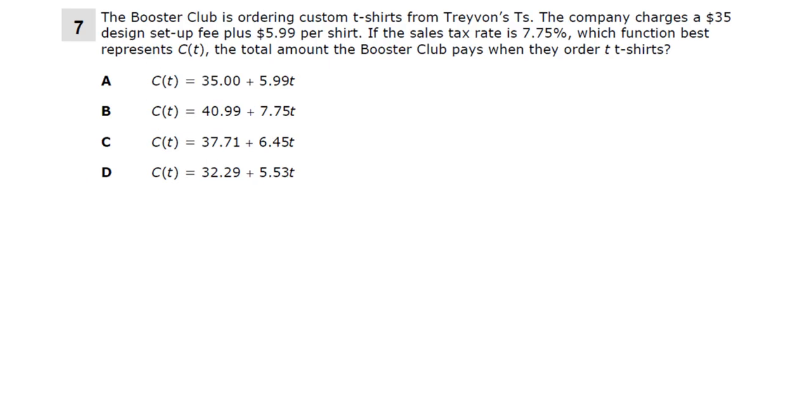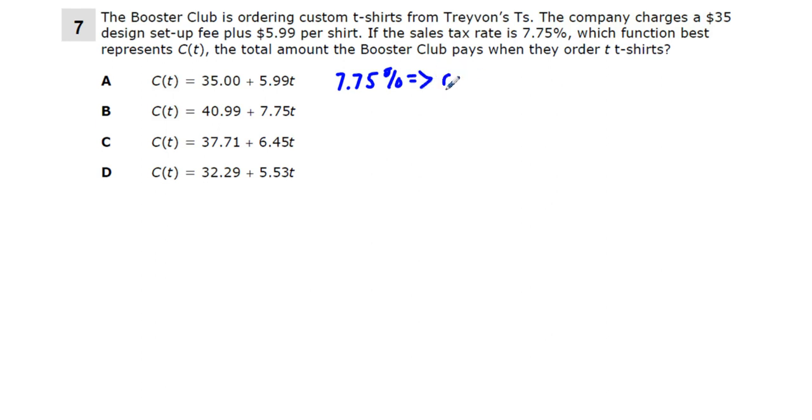The Booster Club is ordering custom t-shirts from Trayvon's Tees. The company charges a $35 design setup fee plus $5.99 per shirt. Sales tax rate is 7.75%. Which function best represents C of T, the total amount the Booster Club pays when you order t-shirts? Well, what you have to do is understand two things here. 7.75% in decimal form, okay?